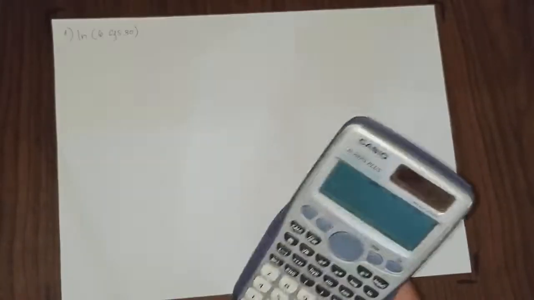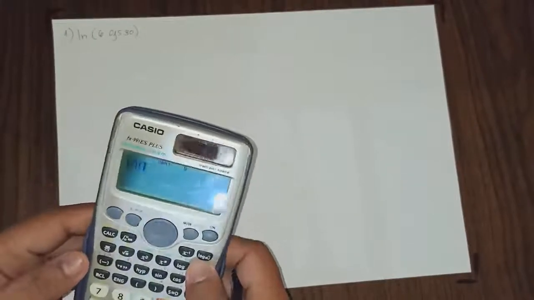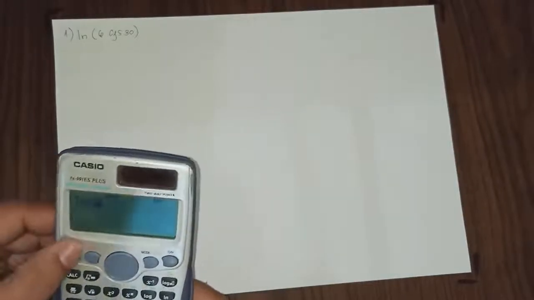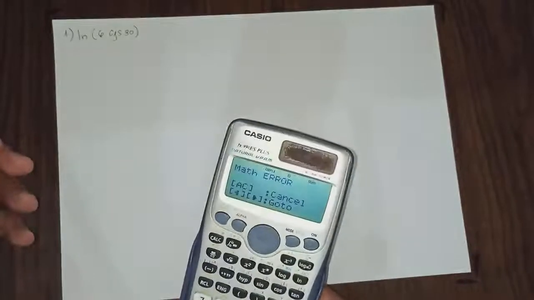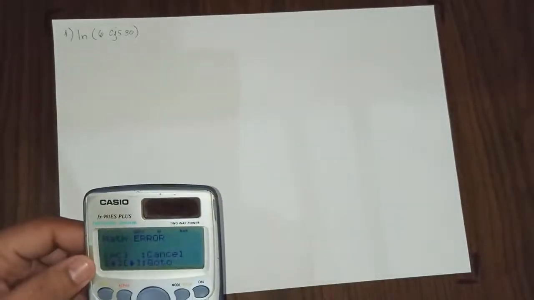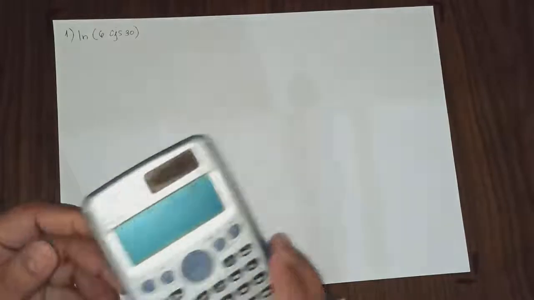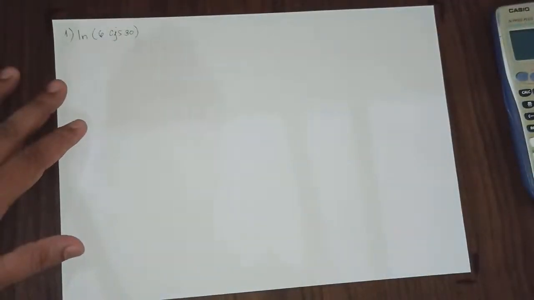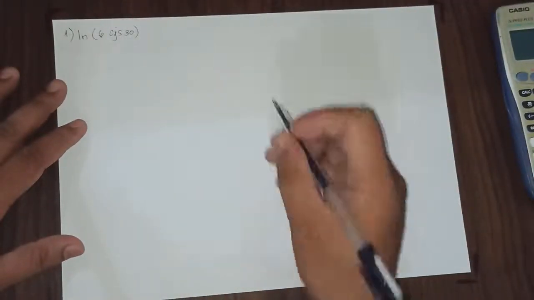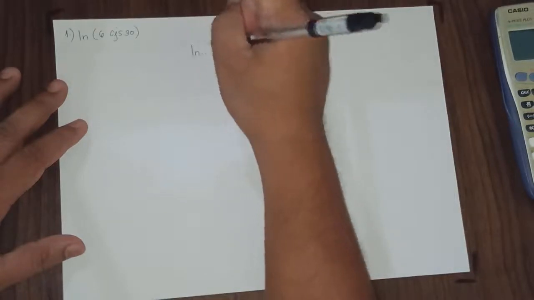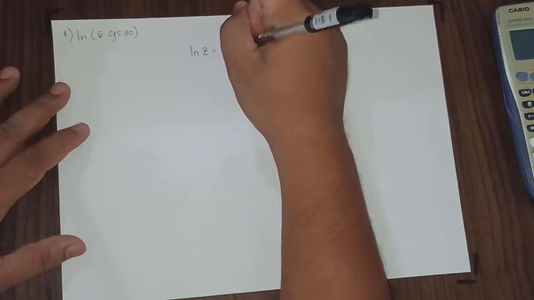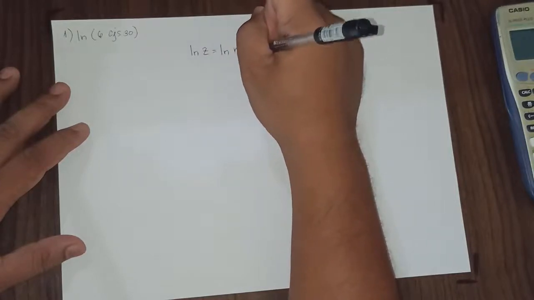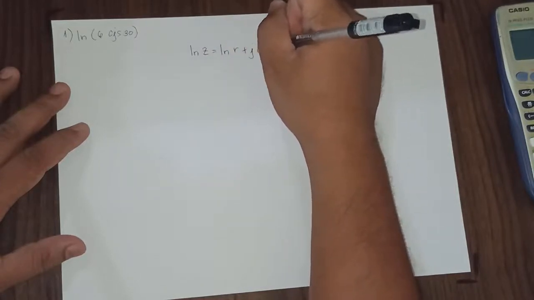Kapag ida-direct nyo kasi yan, class, into ln of 6 bar angle of 30 degrees, wala kayong ibang makukuha kundi math error. Okay? Meron kasi tayong formula dyan, no? If you are going to apply ln of z, that must be ln of r plus j theta.